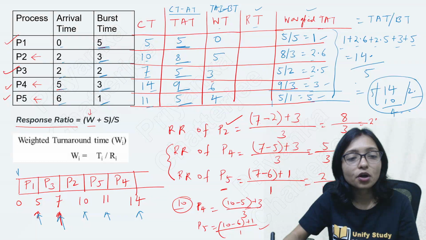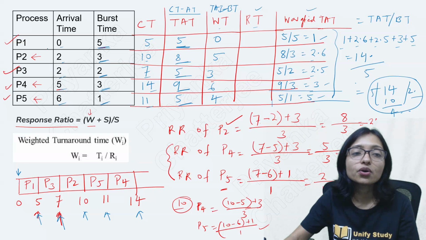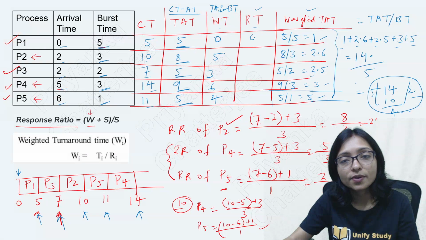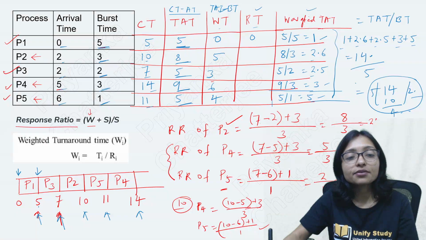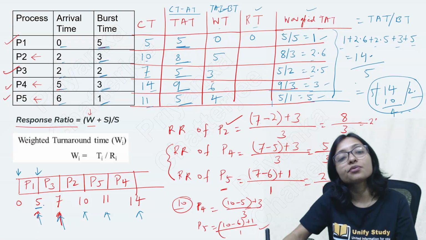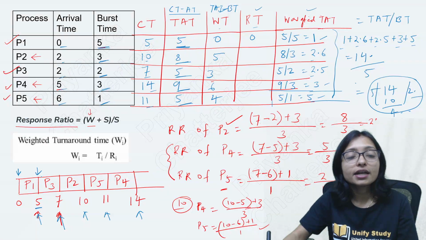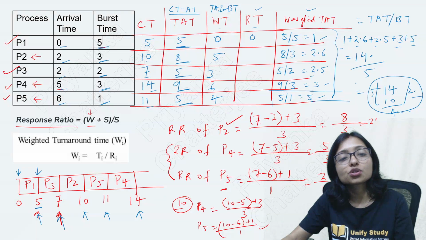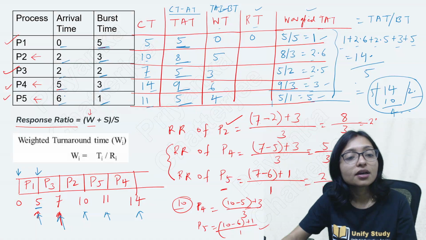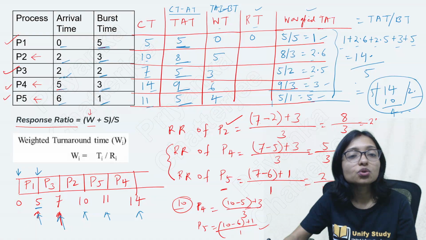Process 1 gets chance at 0, arrival time 0, so that's why response time will also be 0. P3 gets chance for the first time at 5, and here arrival time is 2, so 5 minus 2 is 3.